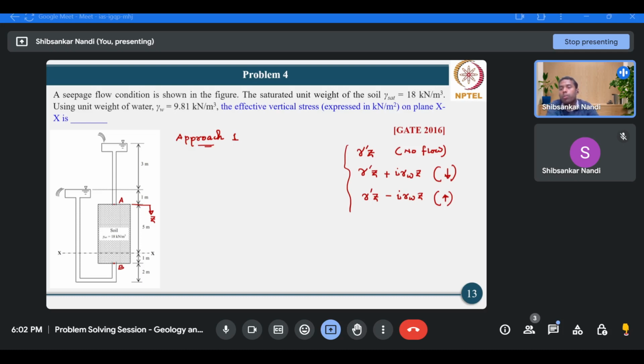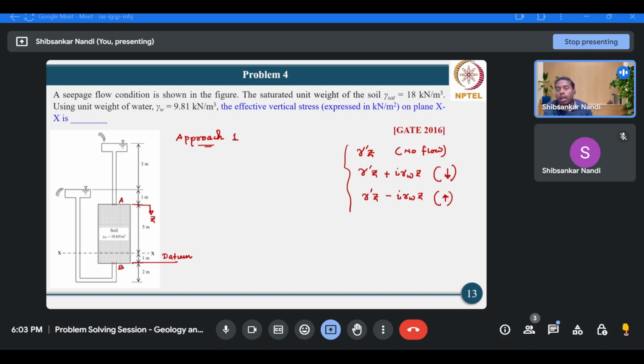Choosing this as the datum, the total head at point A is the datum head plus the pressure head. The pressure head is 4 meter and the datum head is 6 meter. So as a whole, the total head at point A is 6 plus 4, that is 10 meter.